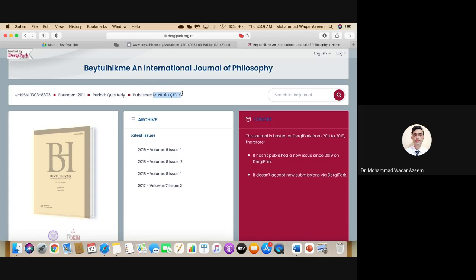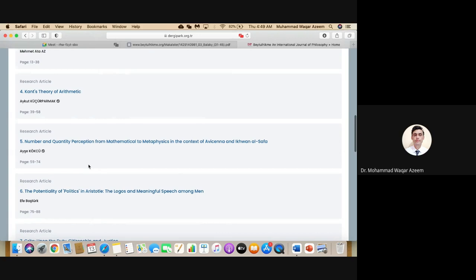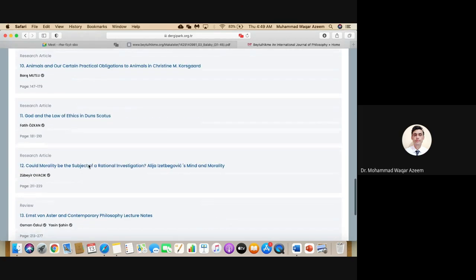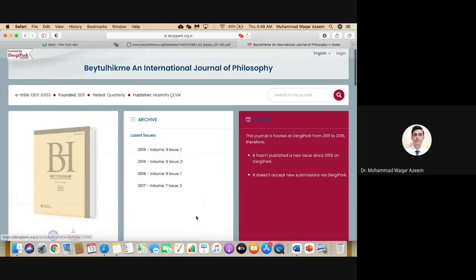So remember that never ever can an authentic journal be published by an individual. It has to be an organization, whether it is an independent publisher like Routledge, Palgrave, or a university-run publisher like Oxford University Press.